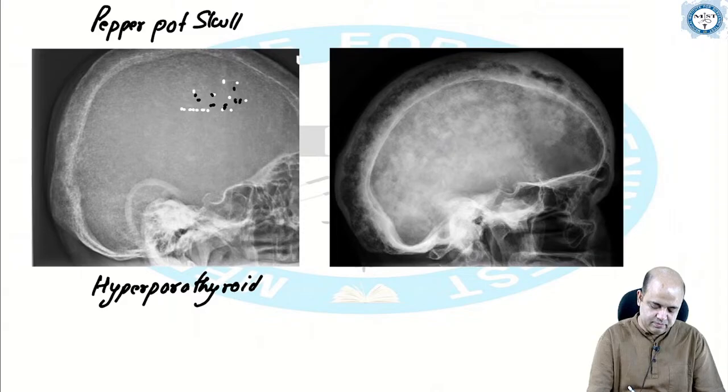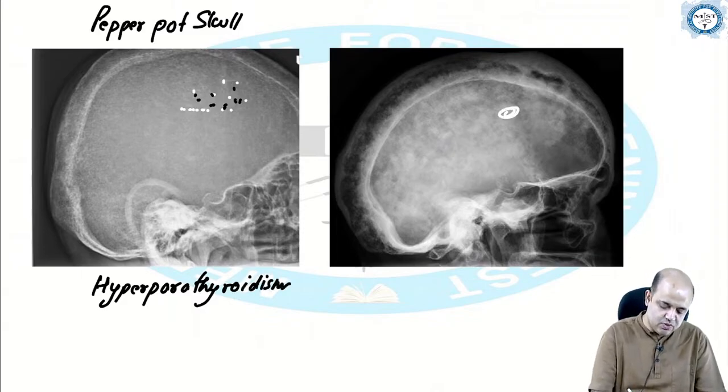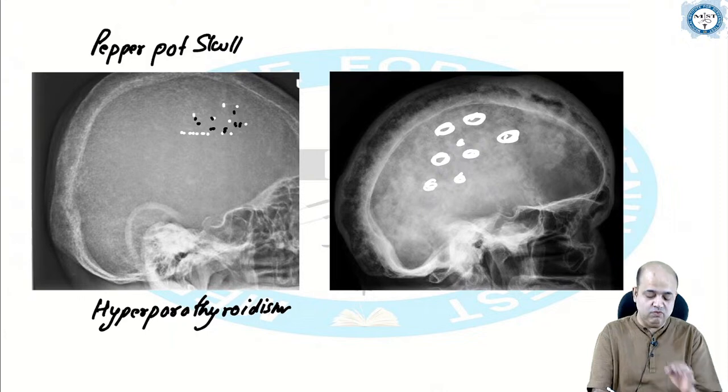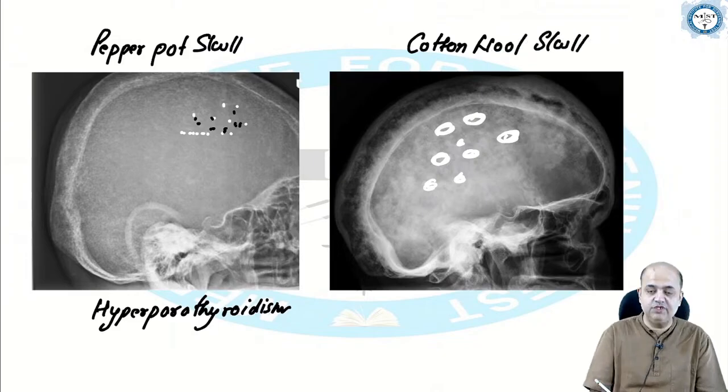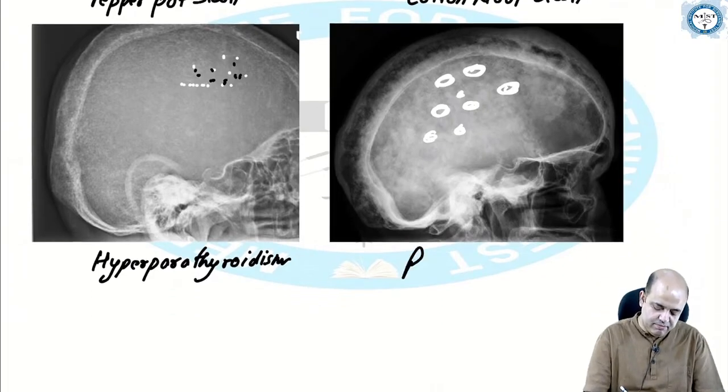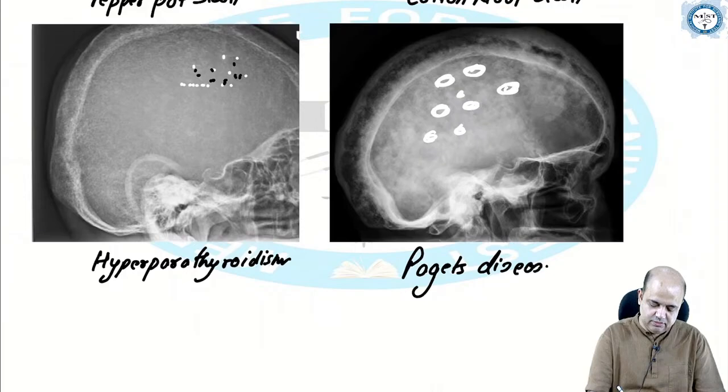There could be larger white lesions. These are called the cotton wool skull. Cotton wool skull is a feature of Paget's disease.